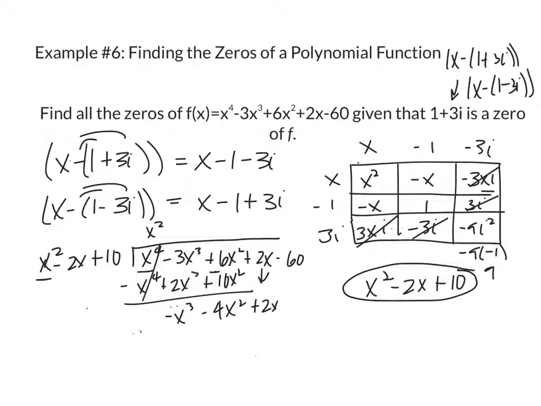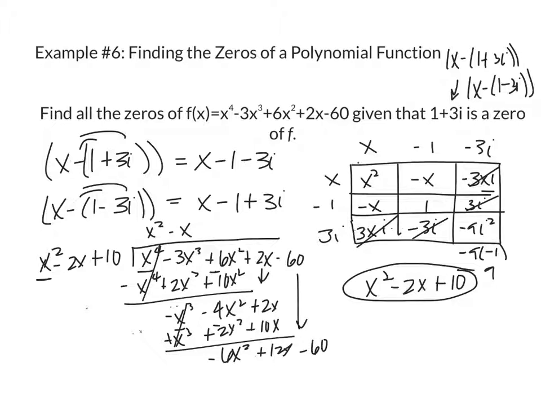Start over. X squared and negative x cubed will give you negative x. Multiply, that's going to give you negative x cubed, positive 2x, and negative 10x. Change your signs. That leaves you with negative 6x squared plus 12x, and then I drop down negative 60.